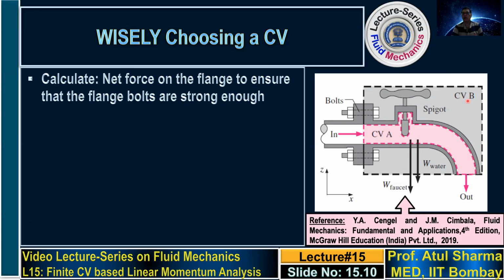If you take control volume B, then you not only need the weight of water, but you also need the weight of these nuts and bolts which are inside the control volume. So for control volume A, you only need the weight of water, because this is the gravitational body force which is acting. For B, along with the weight of water, you also need the weight of the structure which is inside the control volume.